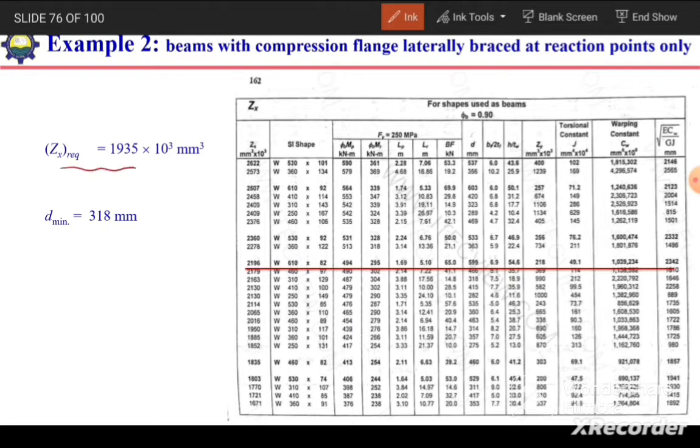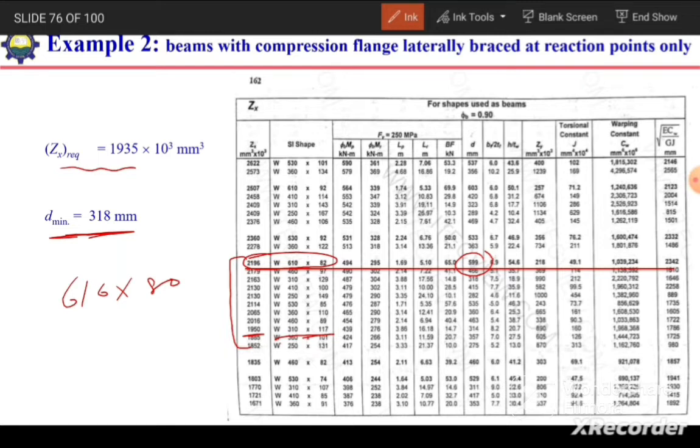Considering this ZX required, 1935, its value is close to this one. So we can select this section 310 into 117. But as we know, in each group, the section at the top of the group will be the most economical section. So we can select this 610 by 82. And the D minimum for this section is 599, which is considerably larger than this 318 value.